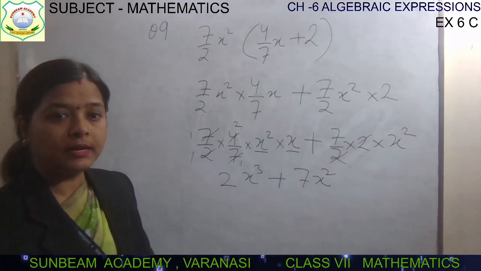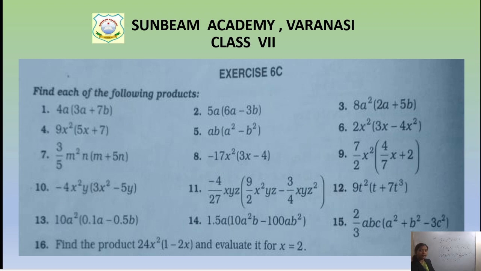After question number 9, I will pick question number 10 and 11 both. See question number 10. Write down question number 10, children. Again I have to give the concept, so that's why I am taking these two questions. Question number 10 you have to write.